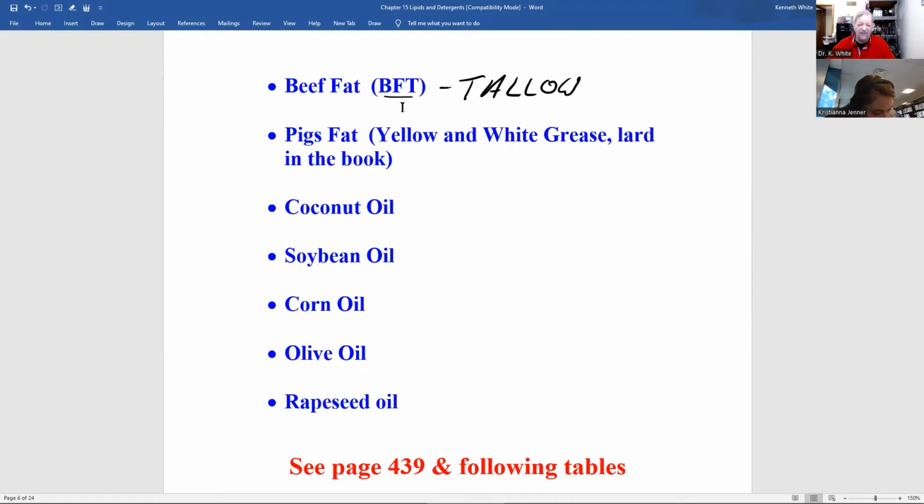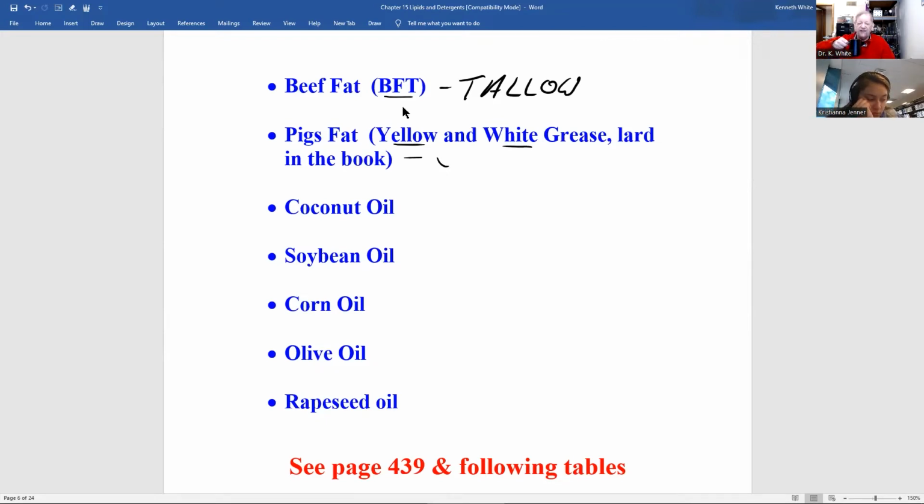Now, another thing, which I'll write on a separate slide, is pig's fat. And there are two types. What I have here is yellow grease and white grease. And pig's fat is very similar in chemical composition to tallow. And we would buy both.